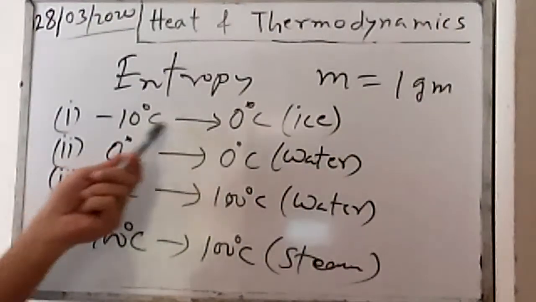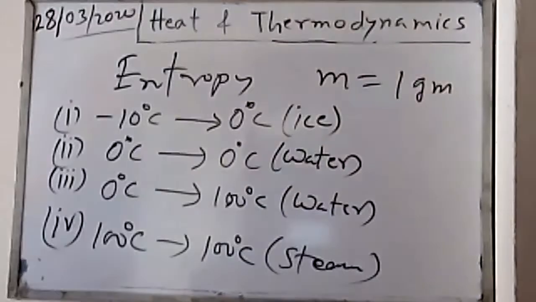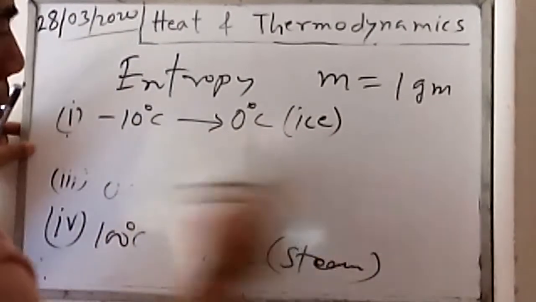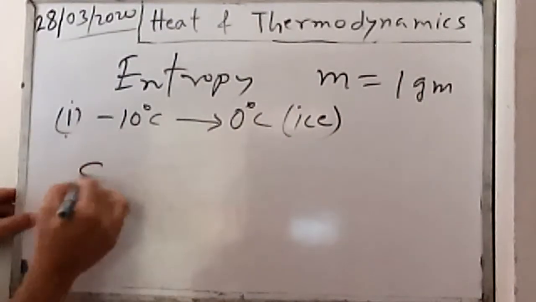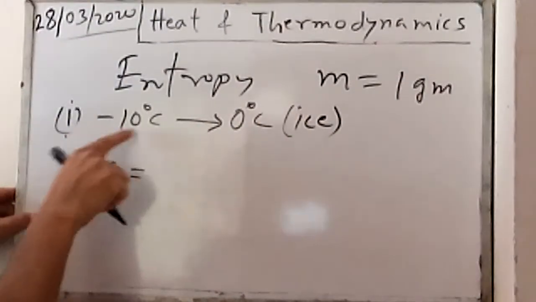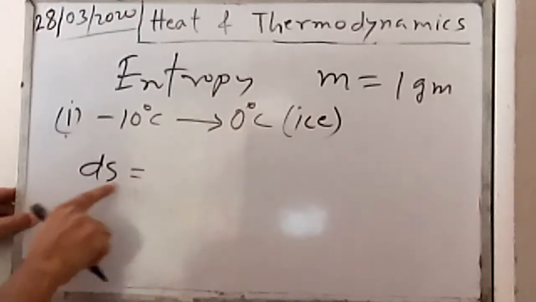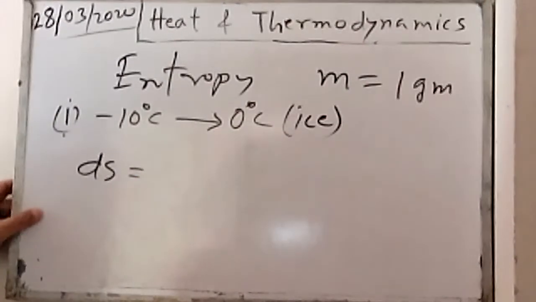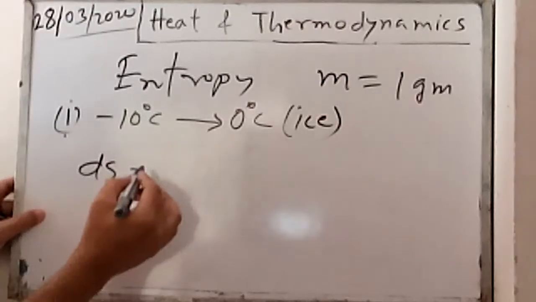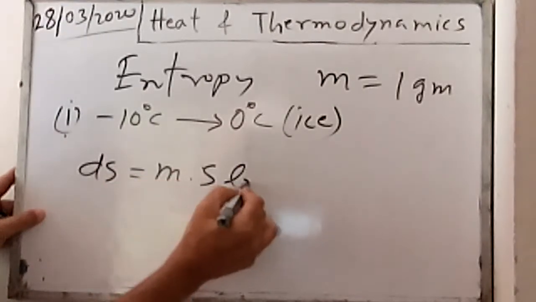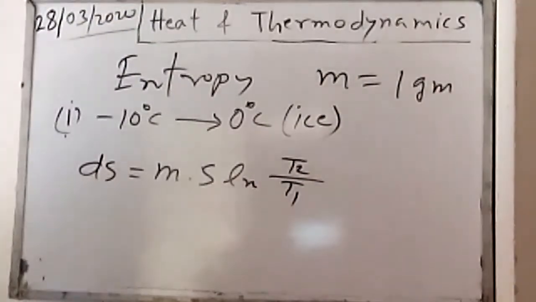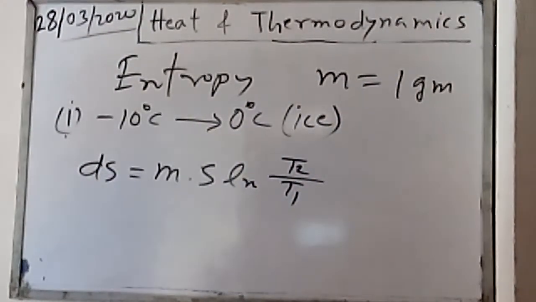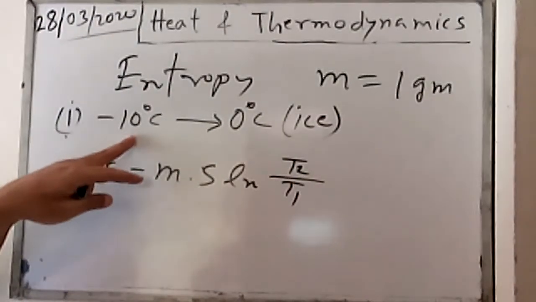So first, minus 10 degrees Celsius to 0 degrees Celsius ice. The change in entropy for minus 10 degrees Celsius to 0 degrees Celsius, dS equal to ms ln T2 by T1, where T1 is minus 10 degrees Celsius.